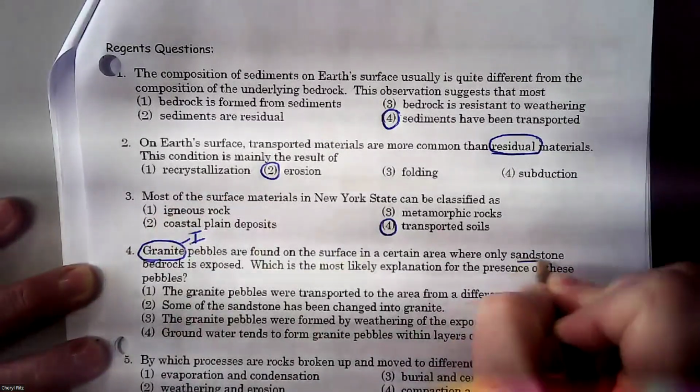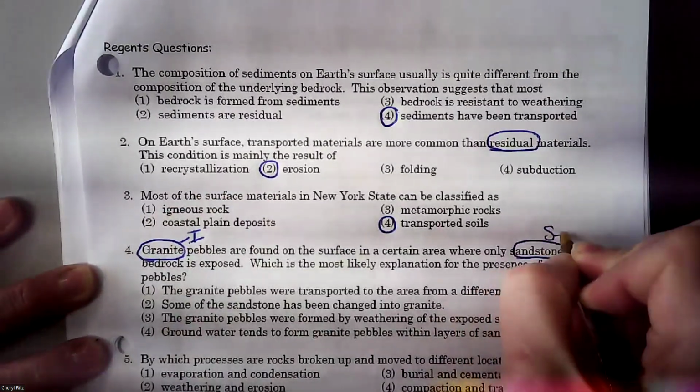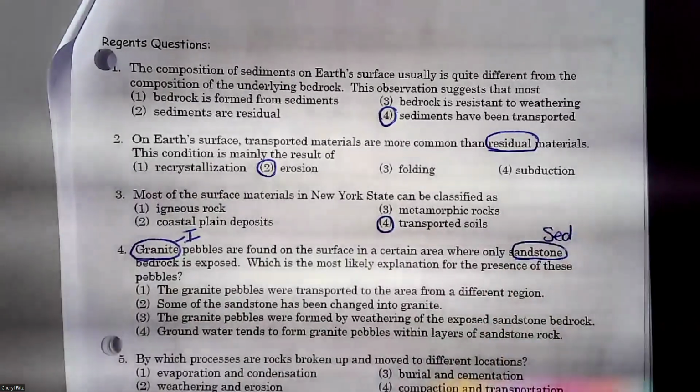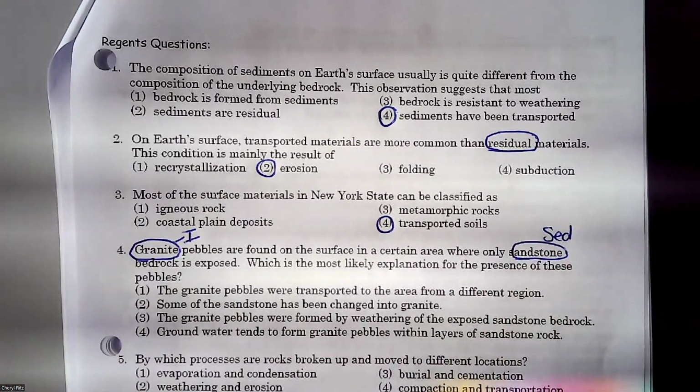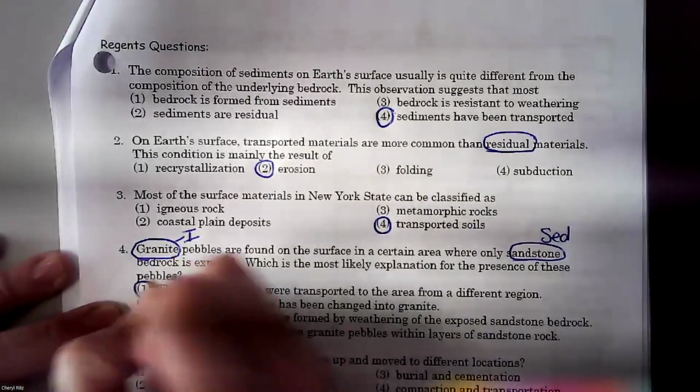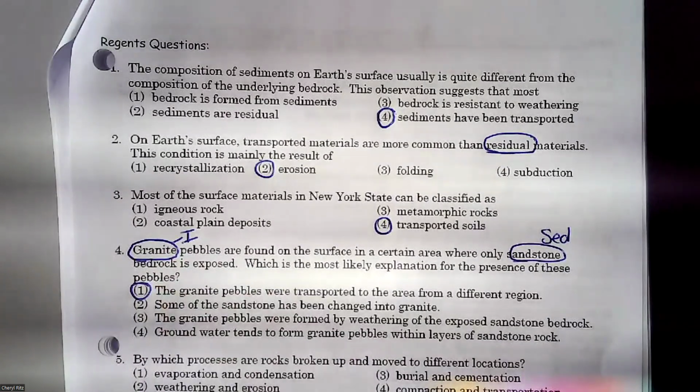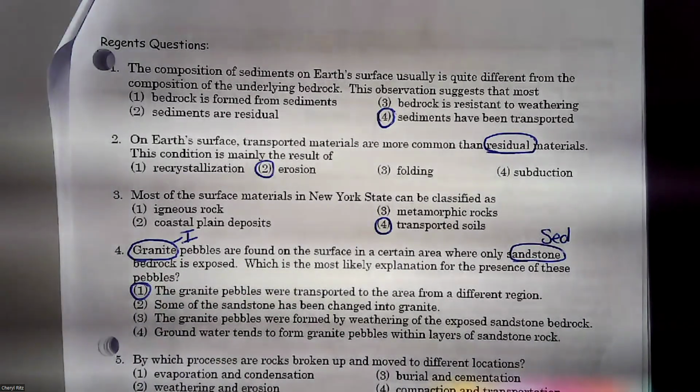What is sandstone? This is sedimentary. So we've got one type of rock sitting on another type of rock. Why is that? How did that happen? It's because of answer number 1, they were transported from somewhere else. So the igneous does not go with the sedimentary. So it must have been brought here by something else.